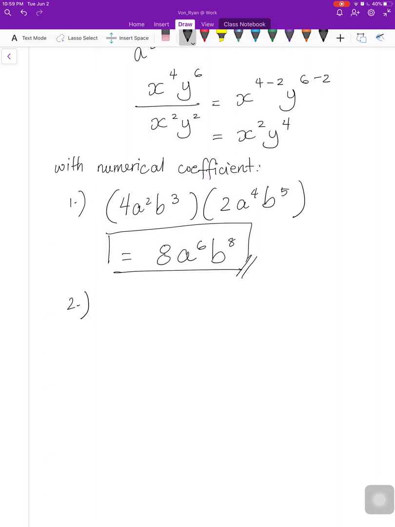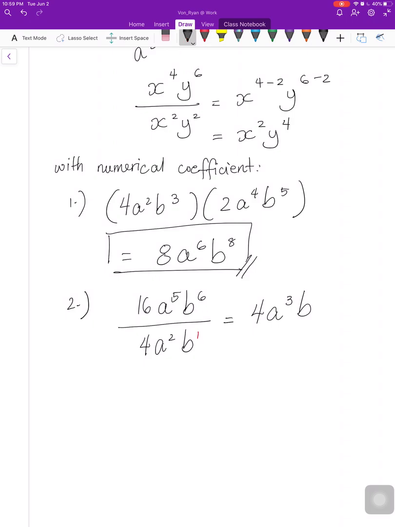If you have a division problem, suppose you have 16a raised to 5, b raised to 6 divided by 4a squared b. The answer to that is 16 divided by 4 is 4. a raised to 5 minus 2 is a cubed, and b. Now remember that there's an invisible index of 1 there.